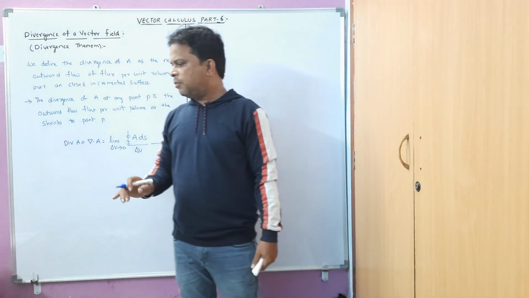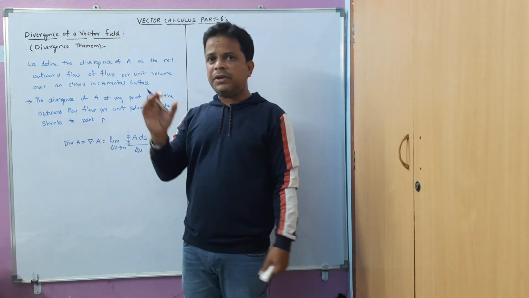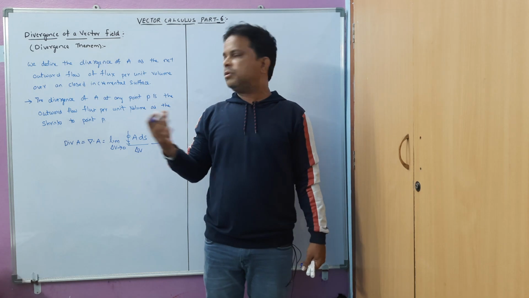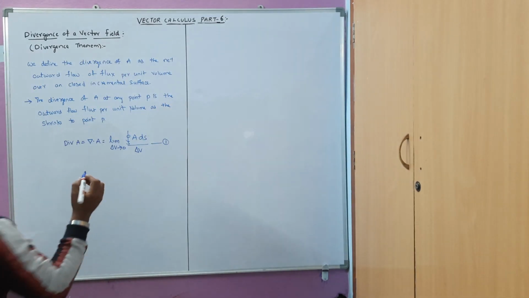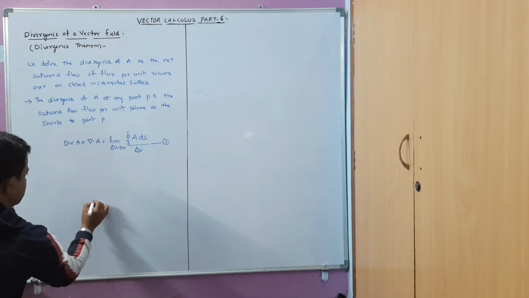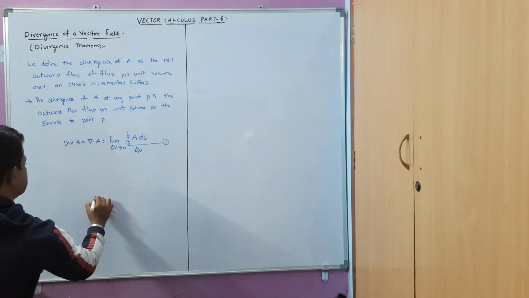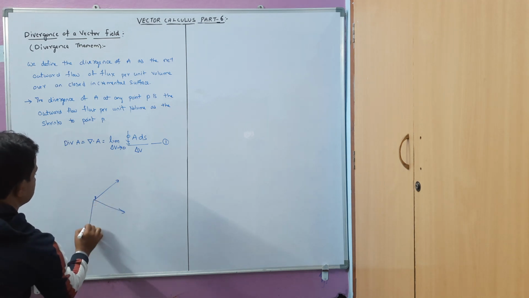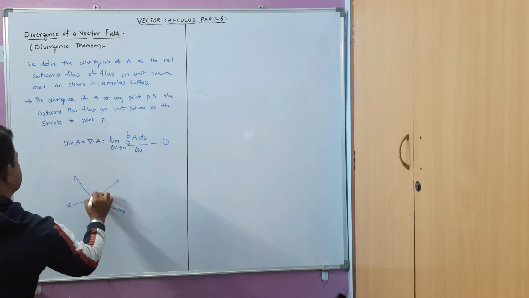Now we will look at how the divergence works or looks. Suppose you want to see the divergence at a point P. We can have three types of divergence here.